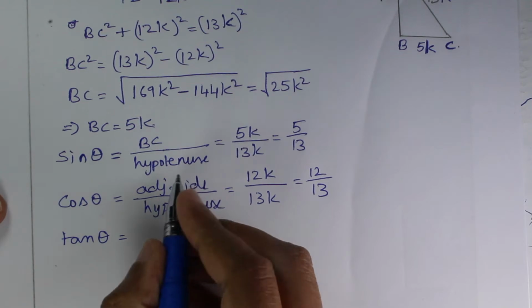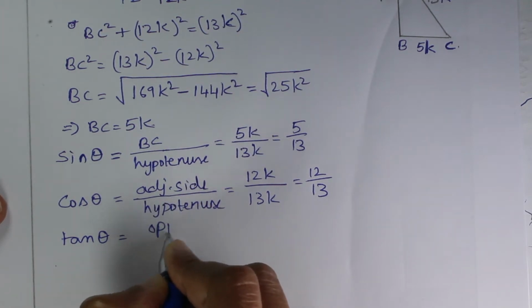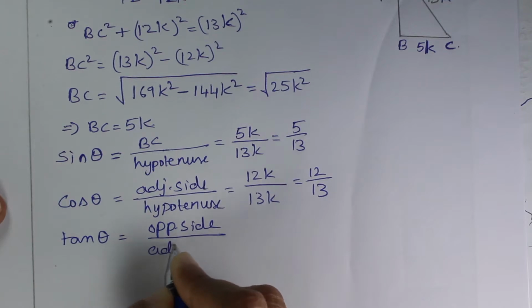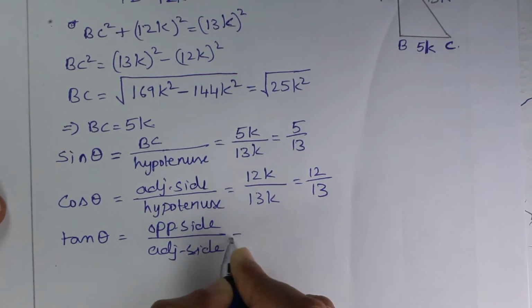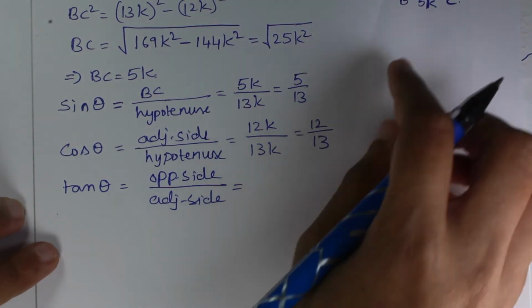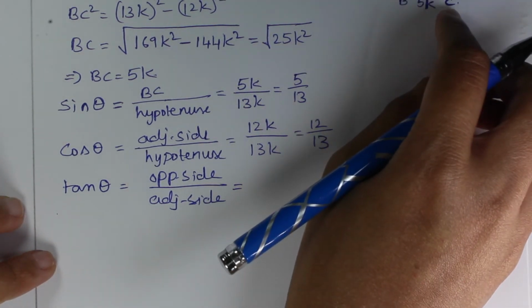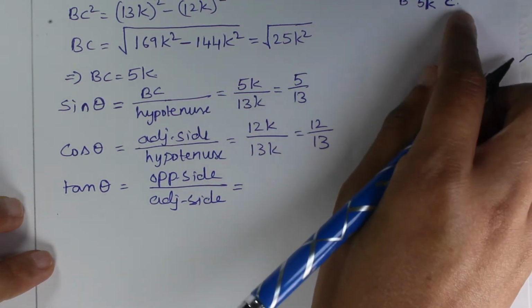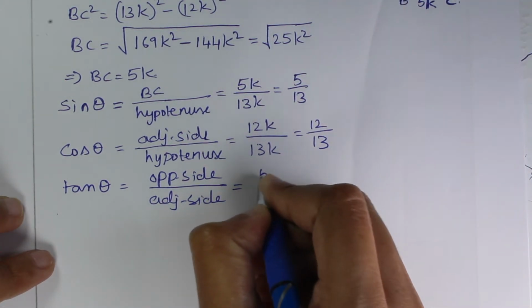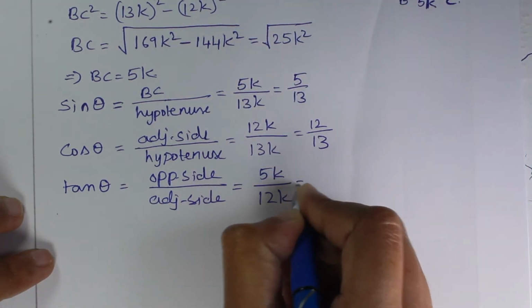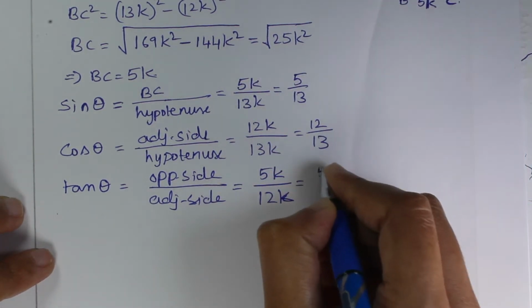Tan theta is equal to opposite side by adjacent side. What is the opposite side? BC is 5k divided by adjacent side is 12k, that is 5 by 12.